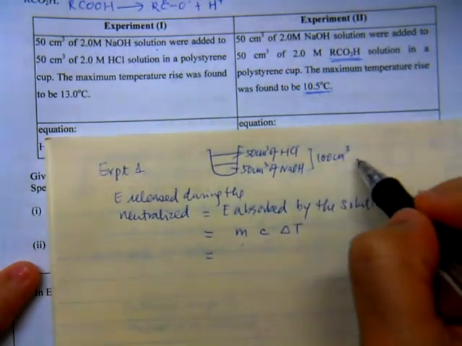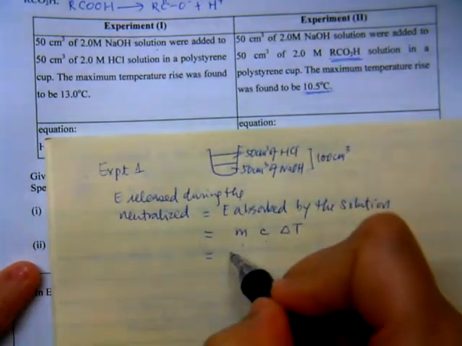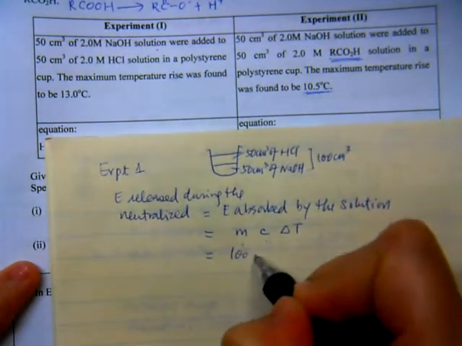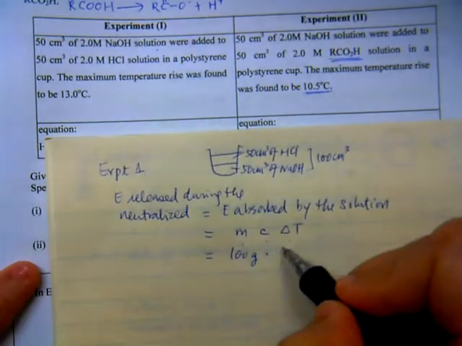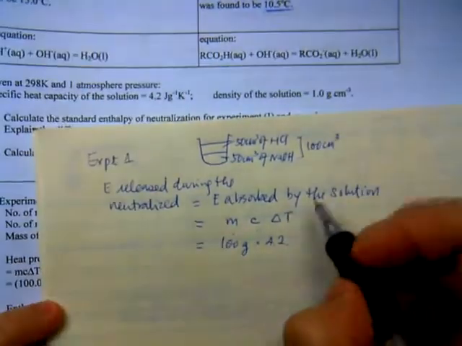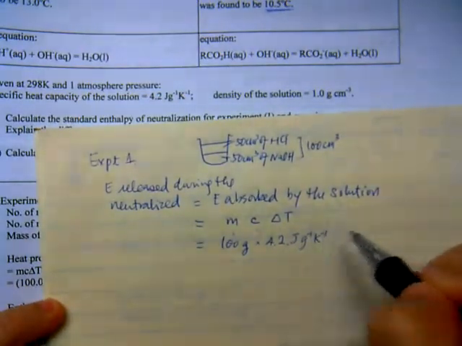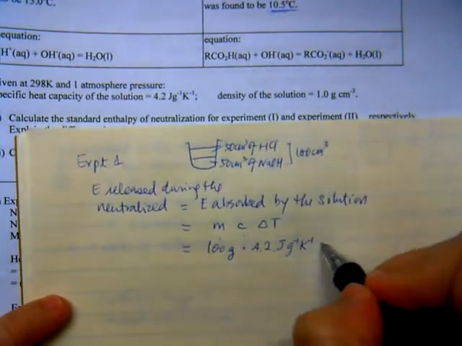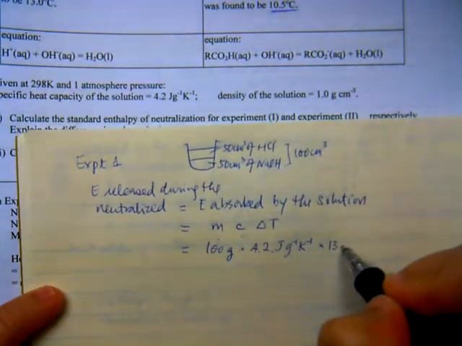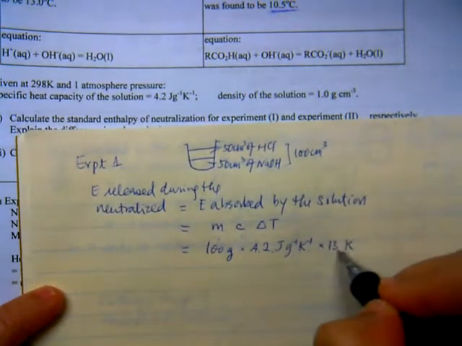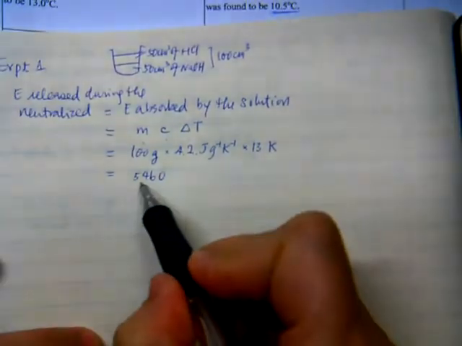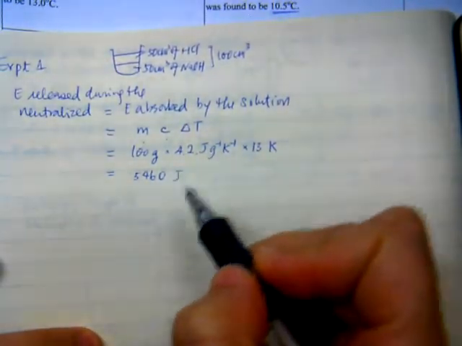And because the density is equal to 1 gram per cm³, therefore the mass of the solution is not 50, it is 100 gram, times c. c is the heat capacity of solution, which is 4.2 joule per gram per Kelvin. And then lastly, multiply the ΔT. The ΔT is 13 degrees Celsius or 13 Kelvin, because we are talking about ΔT. Use your calculator. It is 5460 joule.